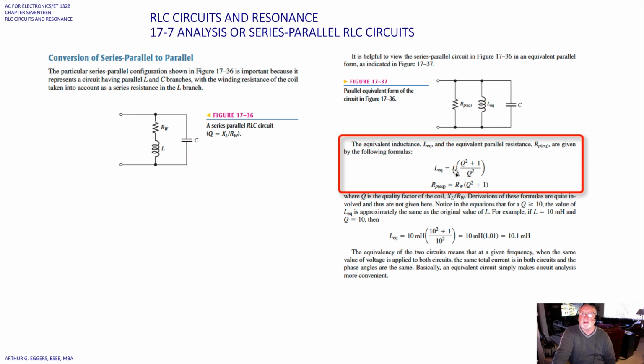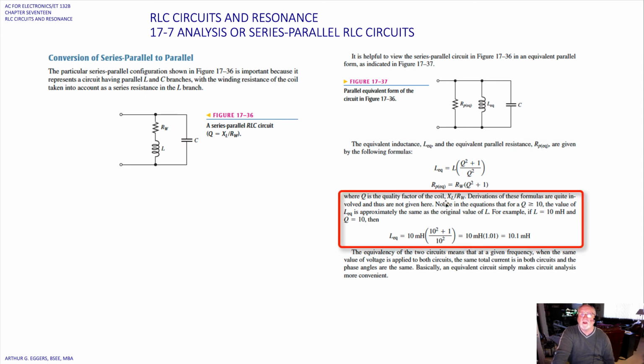The equivalent is equal to L times the Q form that we've already seen. Okay, the resistor parallel equivalent then is the winding resistance multiplied times Q squared plus 1, where the Q is the quality factor of the coil, X sub L divided by the winding resistance. Derivations of these formulas are quite involved and are not given here.